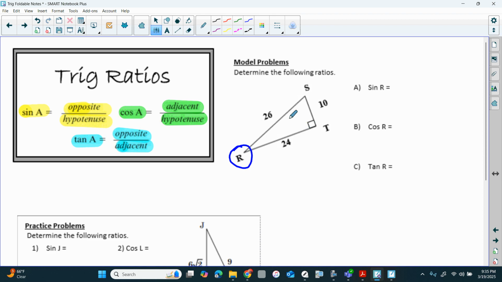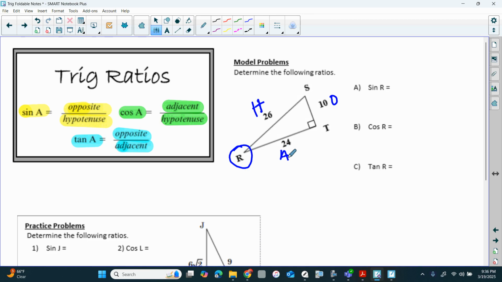Opposite the right angle is always the hypotenuse, so I'm going to put an H there. Across or opposite the reference angle, this angle R that I circled, this is the opposite side, so I'm going to put an O here. And right next to it, the side that makes the angle, that's the adjacent side. I'm going to put the A there.